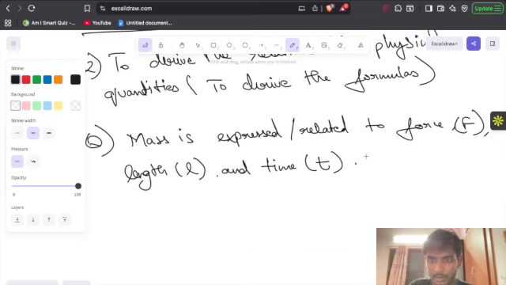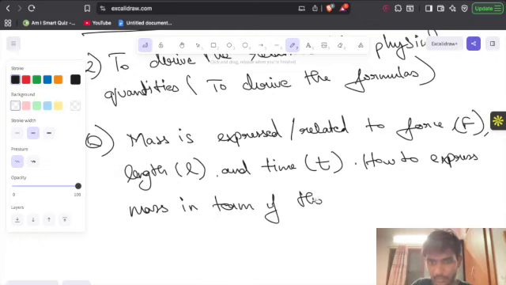Then I can ask how to express mass in terms of the other three physical quantities.